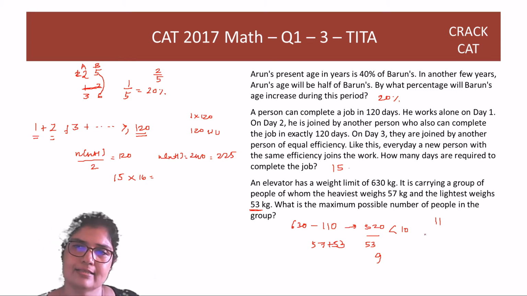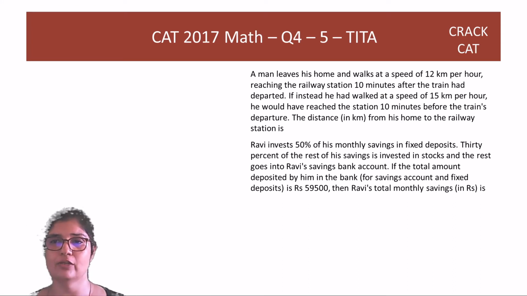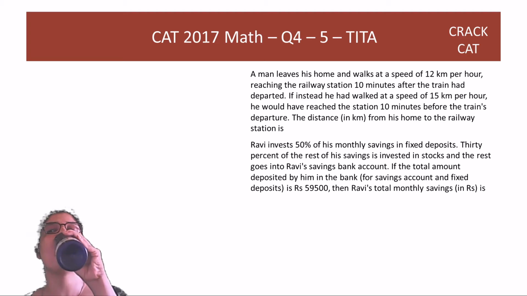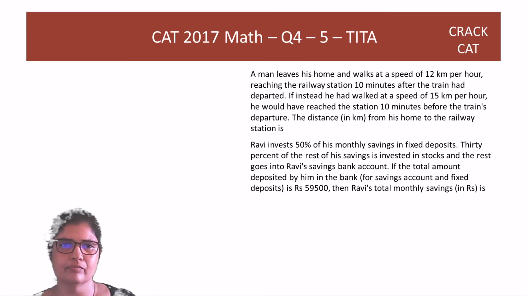Let's look at the next questions. A man leaves his home and walks at a speed of 12 kilometers per hour, reaching the railway station 10 minutes after the train had departed.